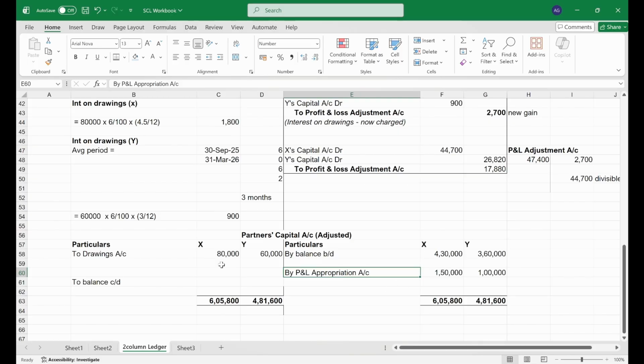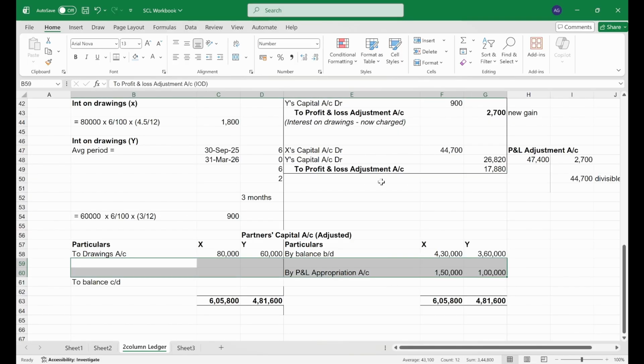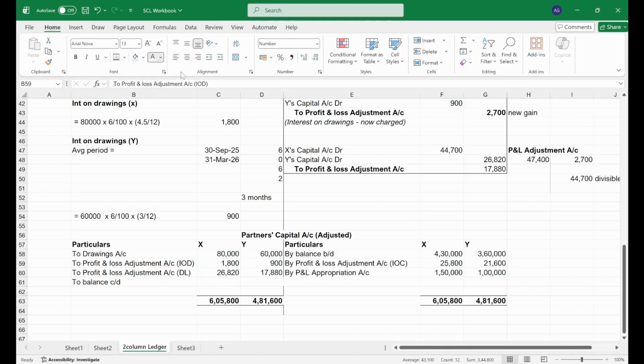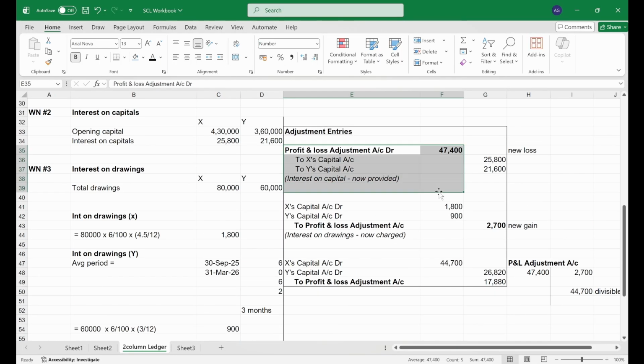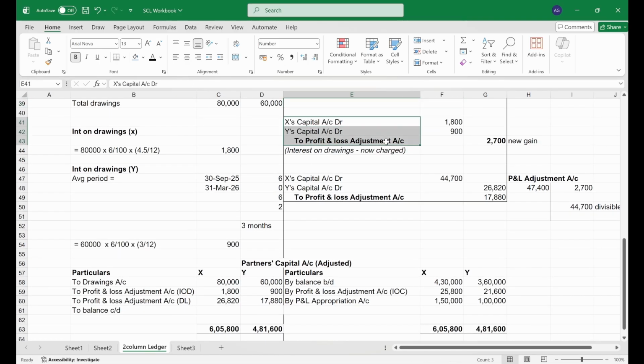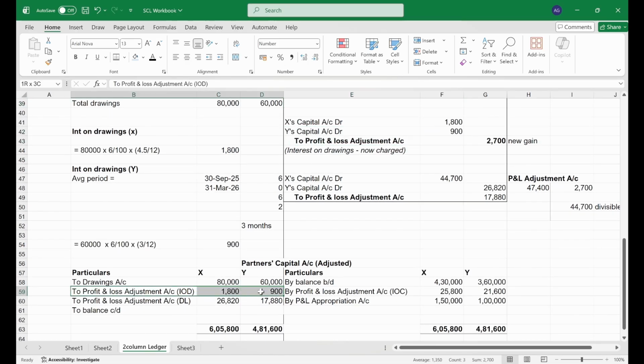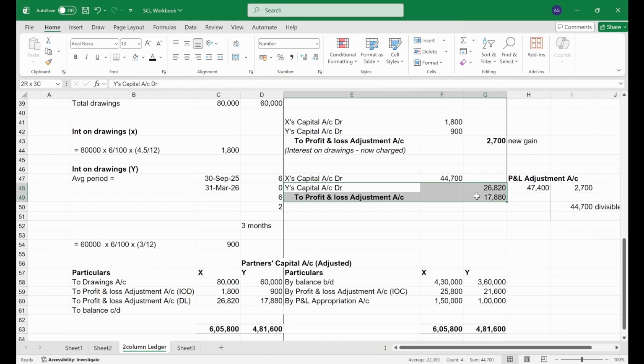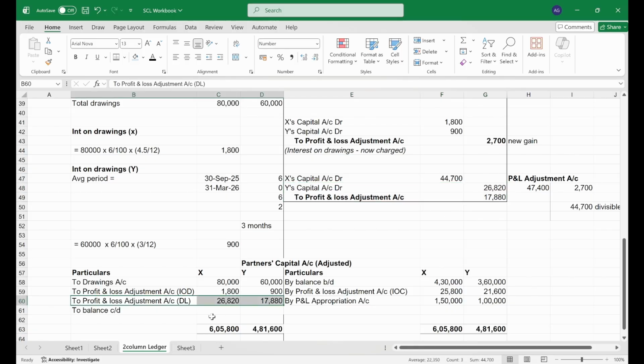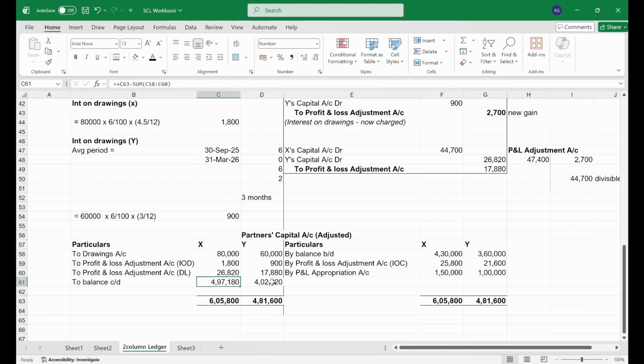Just paste the other three items: the first rectification entry, the second rectification entry I have posted here, and then the third rectification entry, the resulting divisible loss, I have posted here. Once you do that, you get the final carry down balance, 4,97,180 and 4,02,820.